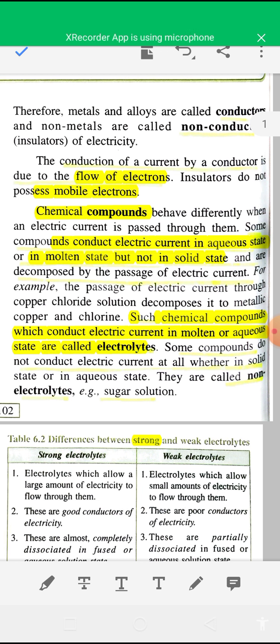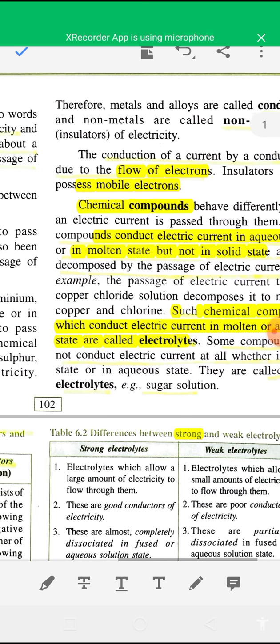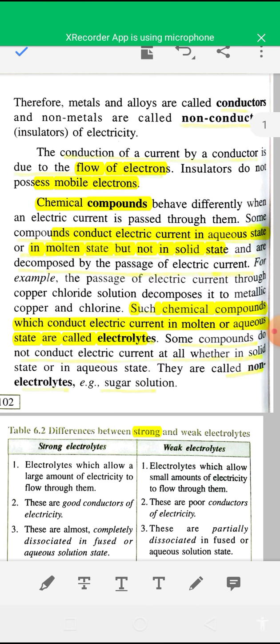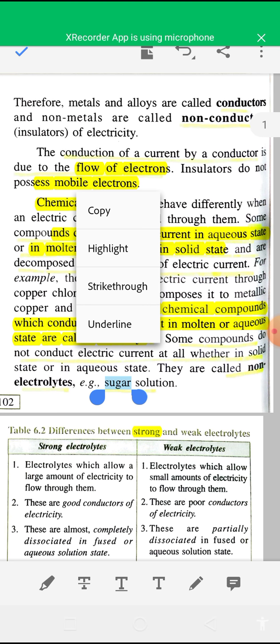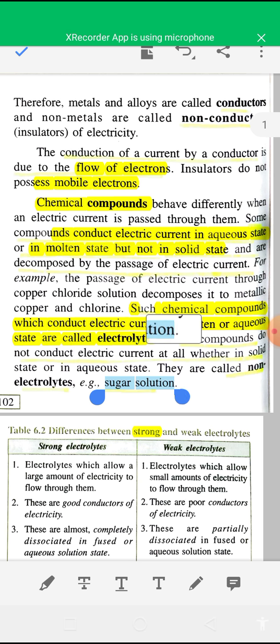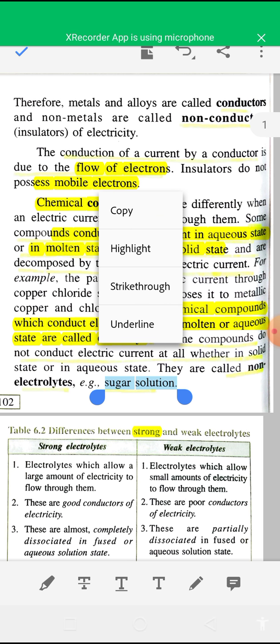oppositely charged ions. But many chemical compounds cannot conduct electricity in aqueous solution or in liquid state, because they do not have any ions in aqueous solution or in liquid state, and these chemical substances are known as non-electrolytes. Like sugar solution does not have any oppositely charged ions.